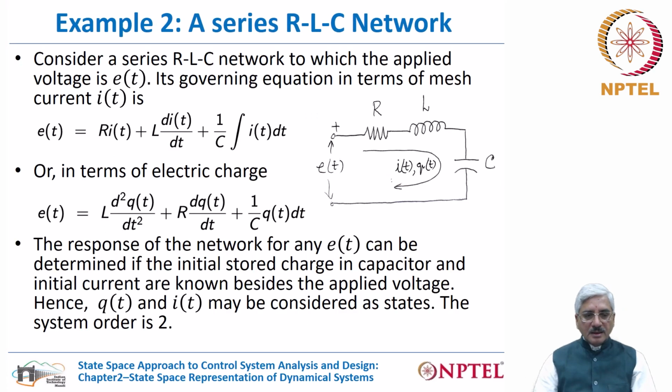Let us next consider a series RLC network, which we often come across in electrical engineering. Applied input is e(t), and thus three components, a resistance, an inductance, and a capacitance, are connected in series, and the loop current is i(t).